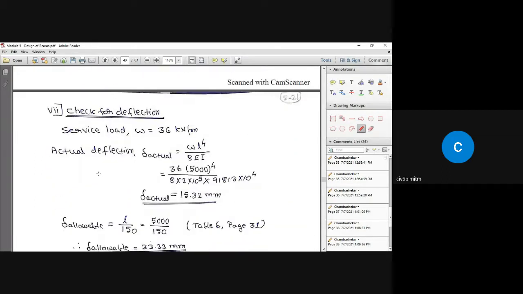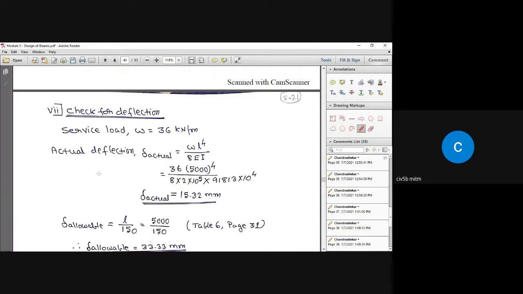Next, as usual, we are going to check for deflection. To check for deflection, we need to consider the service load. You know this already, is it not? The design load in this example is Wu equal to 54 kilonewton per meter. But to get the service load, the ultimate load Wu should be divided by the load factor 1.5.